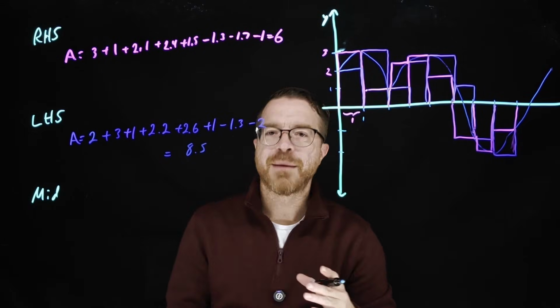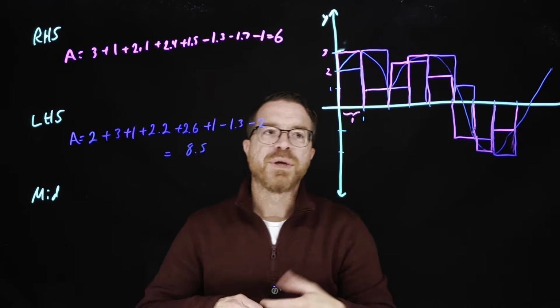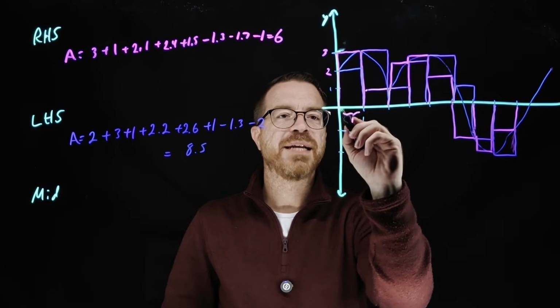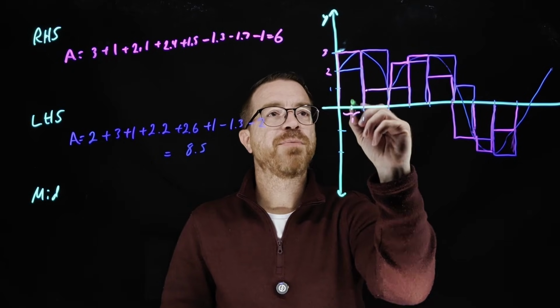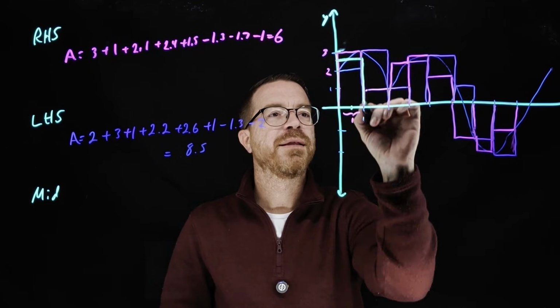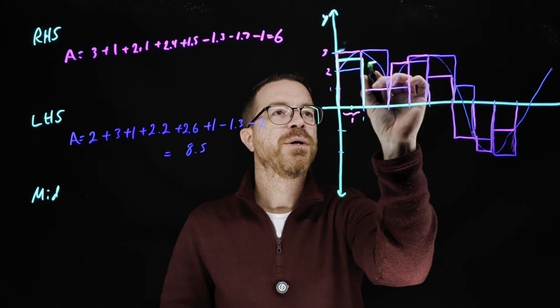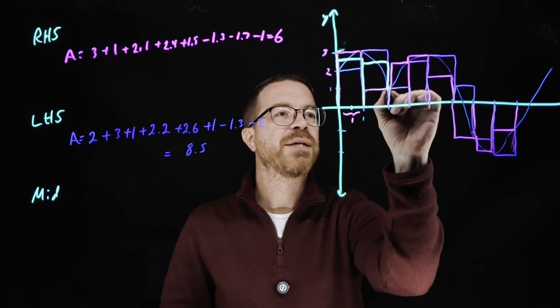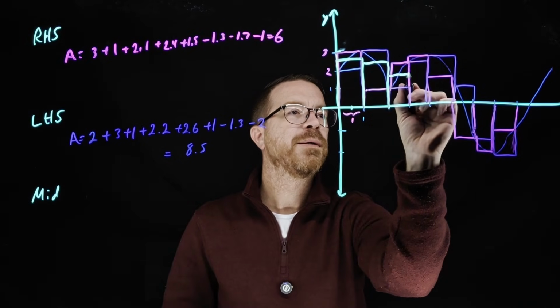Now for my last one, I'm going to use green because it's a pretty vibrant color. And this one I'm going to be using midpoints. So instead of using the left-hand side or the right-hand endpoint of this interval, I'm actually going to use the midpoint, which if I go up to my graph will give me a rectangle like this. For my second subinterval, I'm going to go up to my function and I'm going to get a rectangle like this. For my third midpoint, I'm going to get one like this.